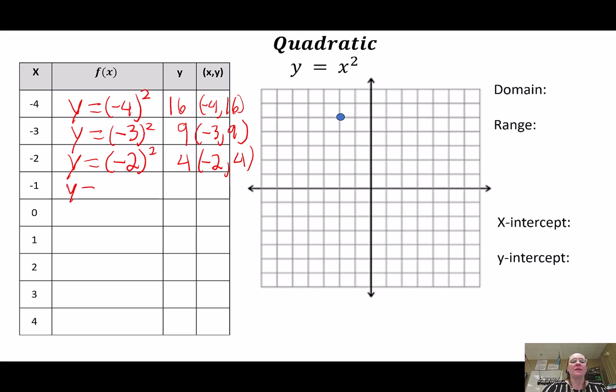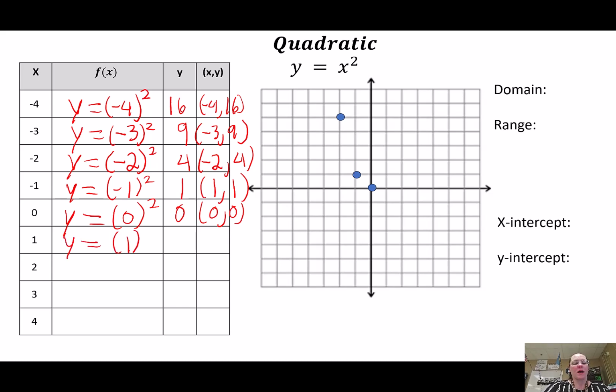Let's go ahead and do negative 1 squared. Well, negative 1 squared is 1, so I get the point negative 1, 1. Then plug in 0. I get 0 out. Okay, I can plot those 2 points. Okay, 1 squared gives me 1.